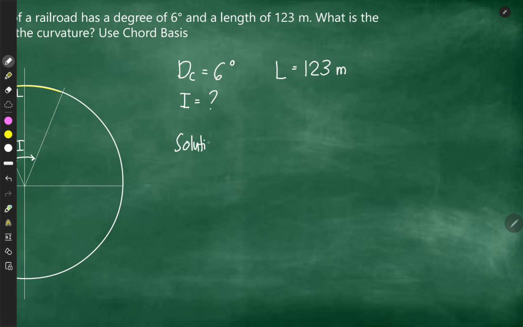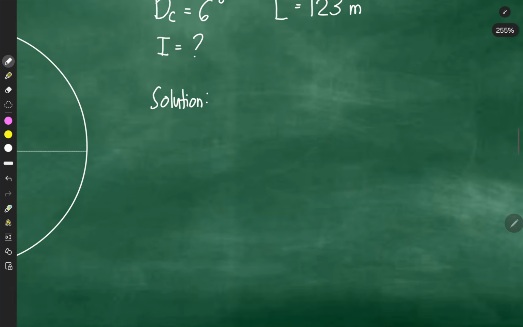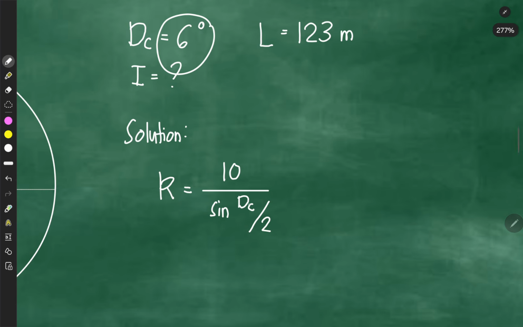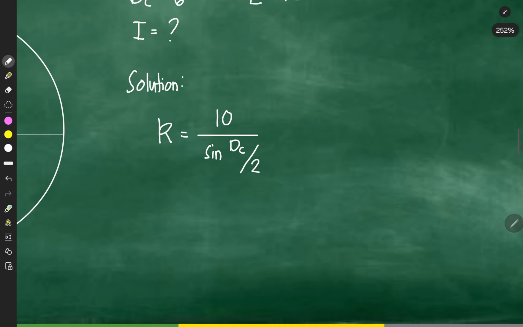For our solution, using chord bases, if you can still remember, R is equivalent to 10 over sine of the degree of curve using chord bases over 2. So, we already have DC, we can solve for R. Let's solve for the value of the radius.